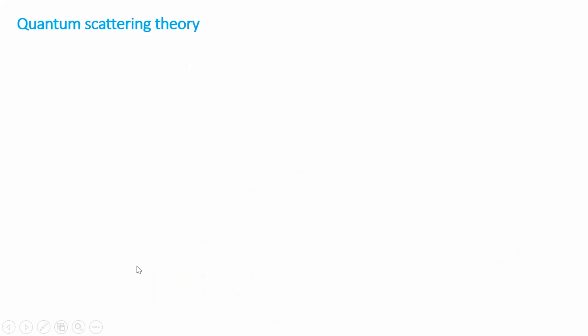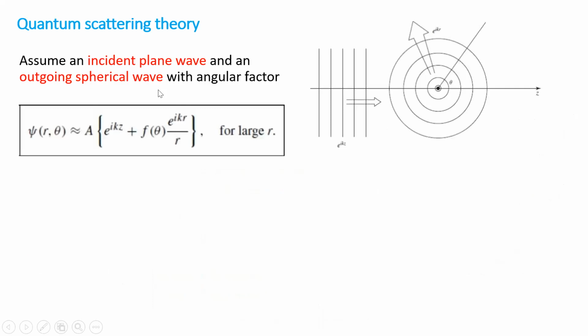So quantum scattering theory, as you can expect, might be a little bit different. Rather than a beam of particles coming in and hitting off of a center, we represent the incoming thing to be scattered by an incident plane wave, e to the i k z, where the z-axis points to the right here.